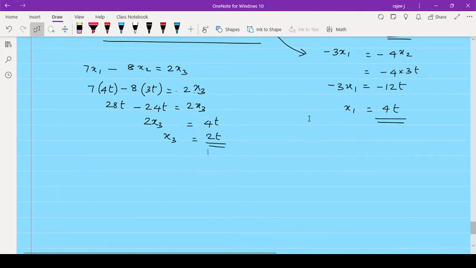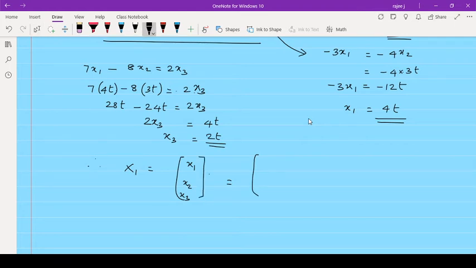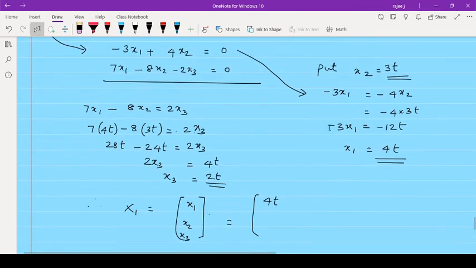Therefore, x was our vector x1, x2, x3. That is equal to, x1 is 4t, x2 we have taken 3t, and x3 is 2t.